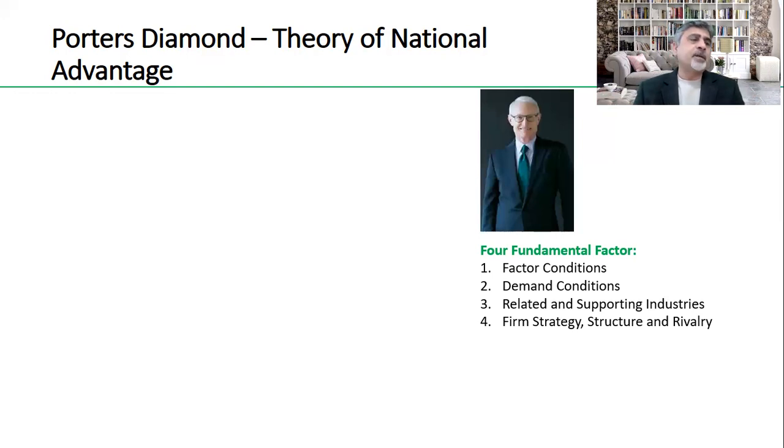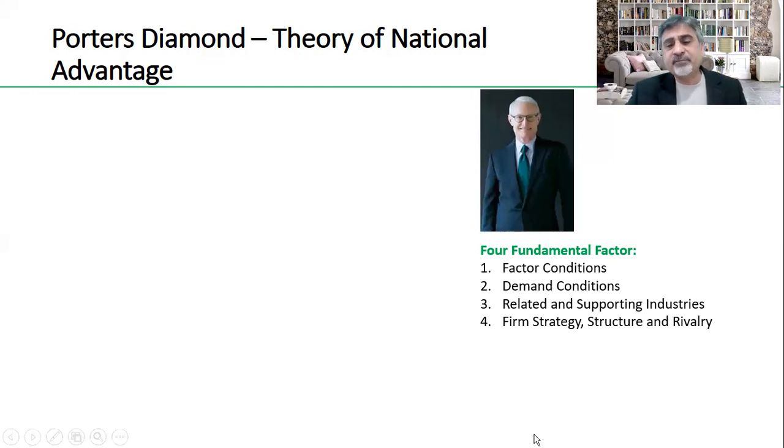Businesses need raw materials, they need services, they need labor, they need infrastructure facilities. So you set up a business, but you do not work in isolation. You need to have support industries as well. So whether these support industries are available or not is also very important.